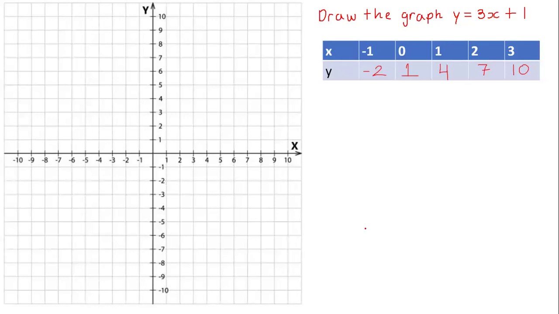Again, draw the graph y is equal to 3x plus 1.